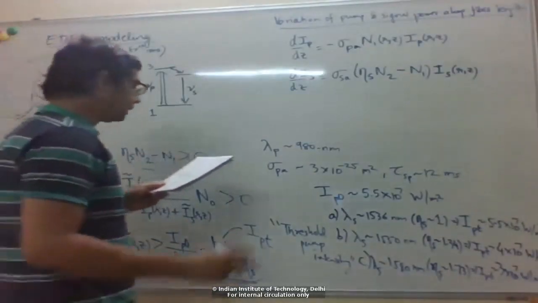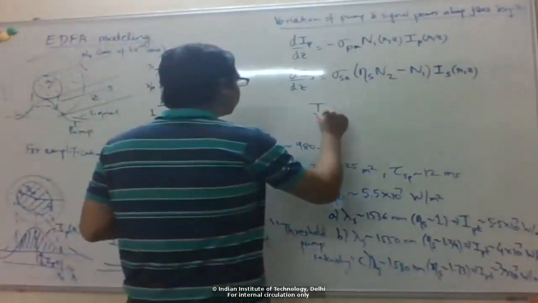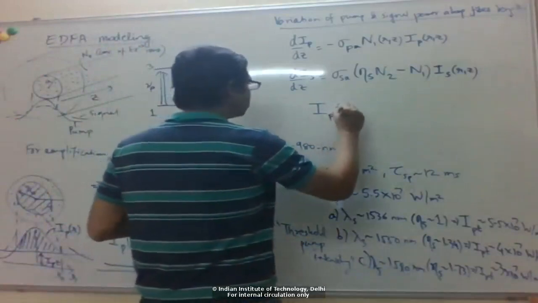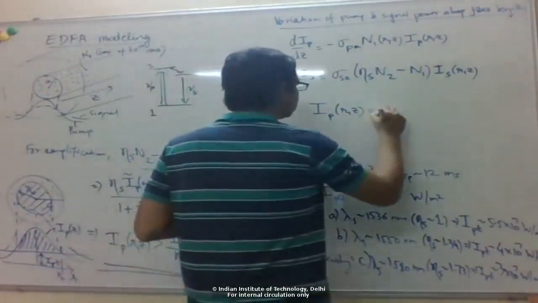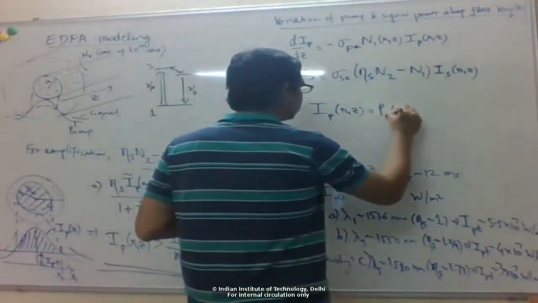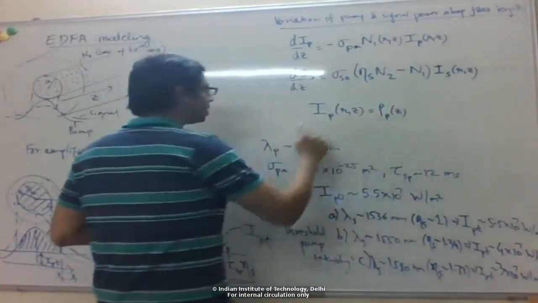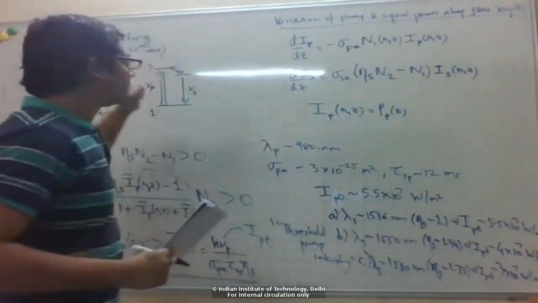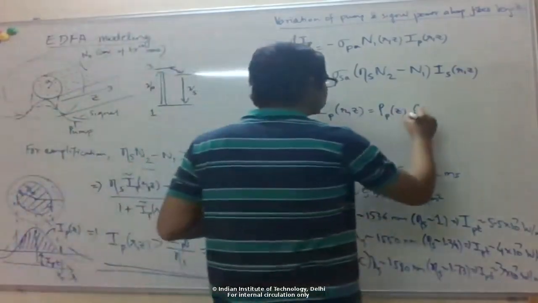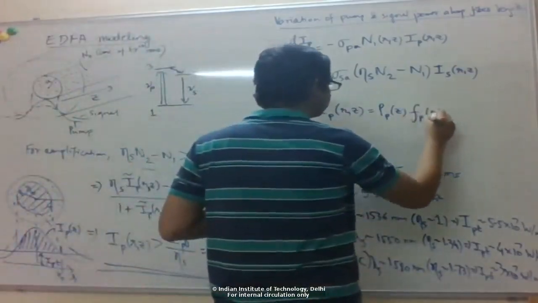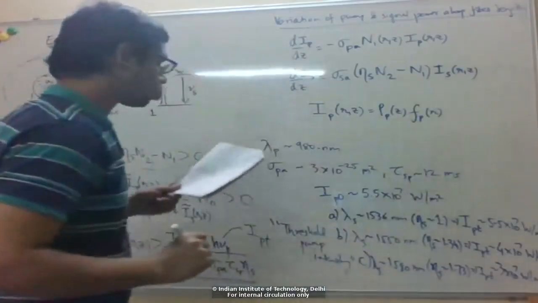In general, if you have to solve, you have to take the mode profile. So the intensity profile at distance z is the pump power at distance z times the mode profile, which depends on the radial coordinate.